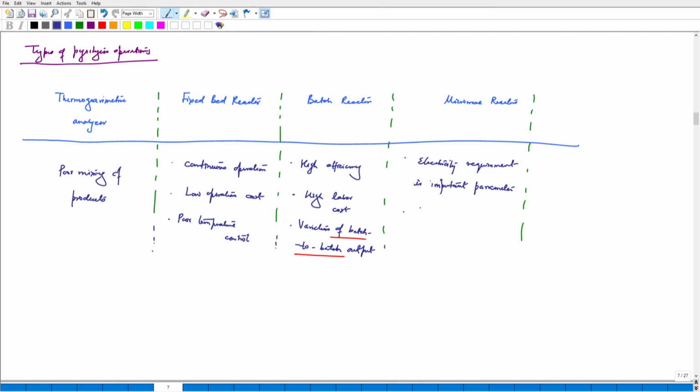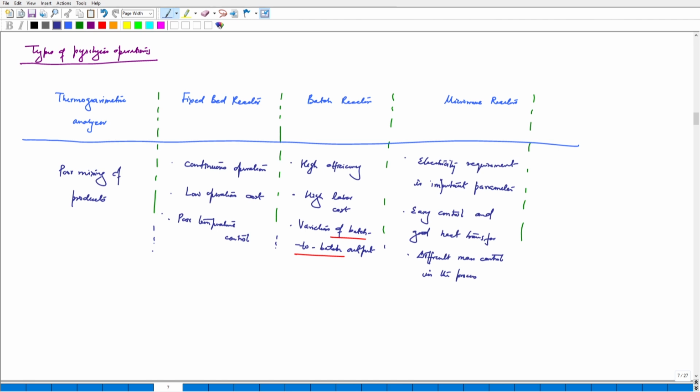We have good control, easy control, and good heat transfer. But the mass control is difficult to handle. So difficult mass control in the process.